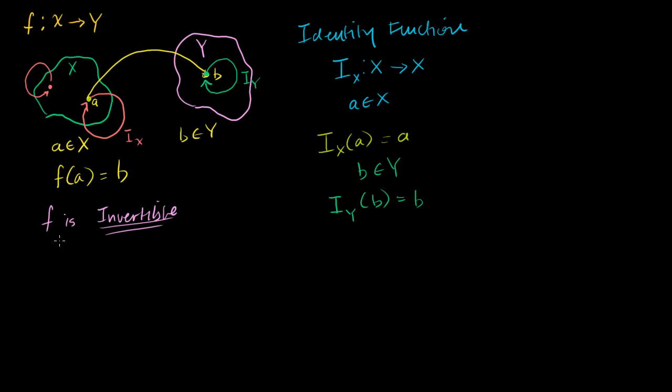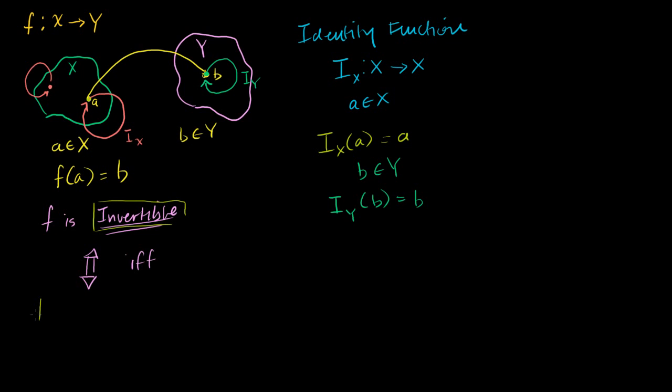F is invertible if and only if the following is true. I could either write it with these two-way arrows like that, or I could write it as iff with two f's. That means that if this is true, then this is true, and only if this is true. So this implies that, and that implies this. So f is invertible. I'm kind of making a definition right here.